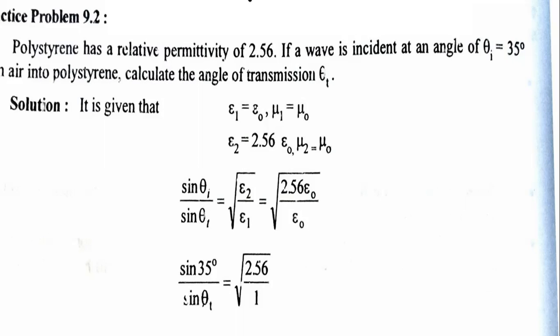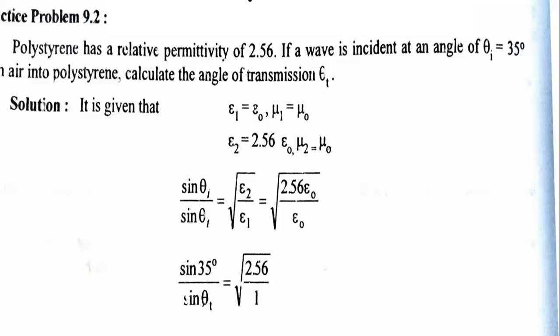The material is polystyrene, and the relative permittivity is given as 2.56. Here two mediums need to be taken care of, the air as well as the polystyrene. So epsilon 1 is equal to epsilon 0, mu 1 is equal to mu 0.